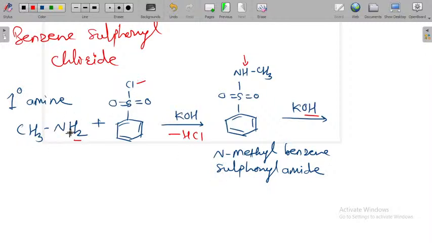So this NH2 group contains two hydrogen atoms, one is abstracted by the chlorine to form HCl, the second is going to be abstracted by the KOH to form a water molecule H2O, and the K salt is going to form here. We'll see how this intermediate is formed in the next step.